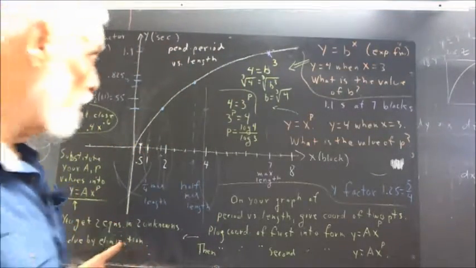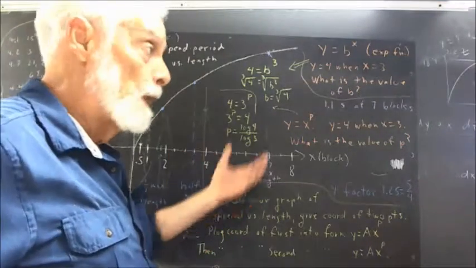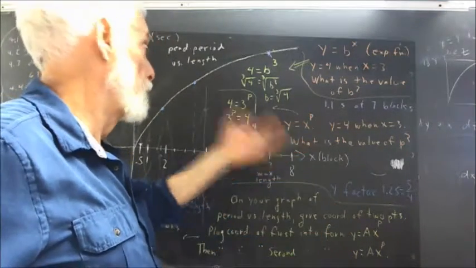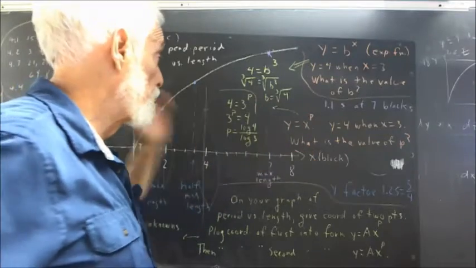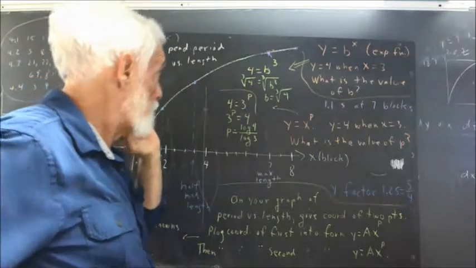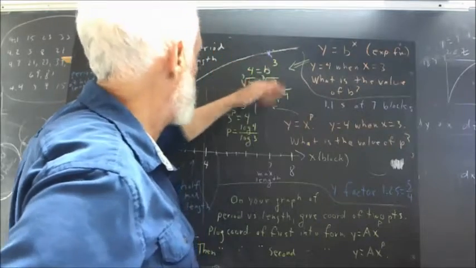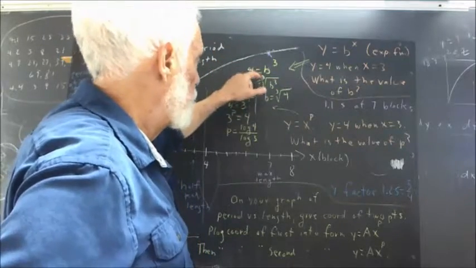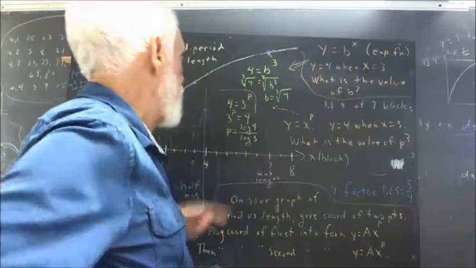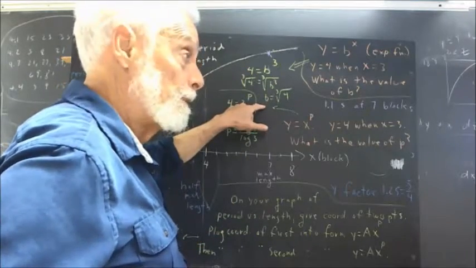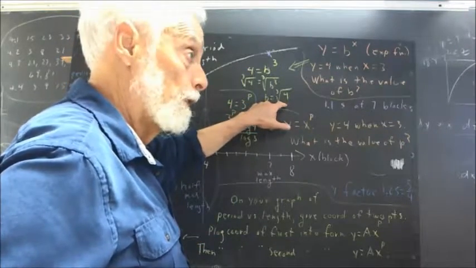Well, we certainly can. We can take the 1/3 power of both sides, or if you prefer, the cube root of both sides. The cube root of 4 equals the cube root of b cubed. And the cube root of b cubed is b, so b is the cube root of 4.